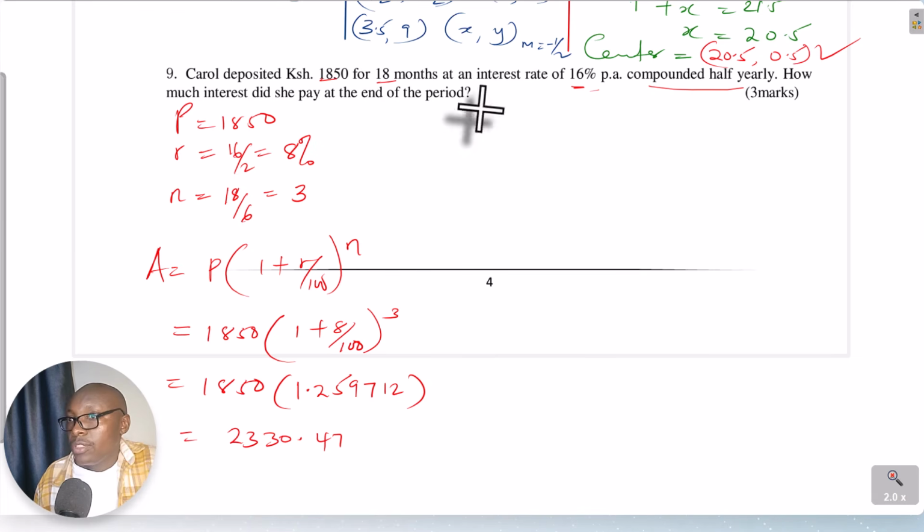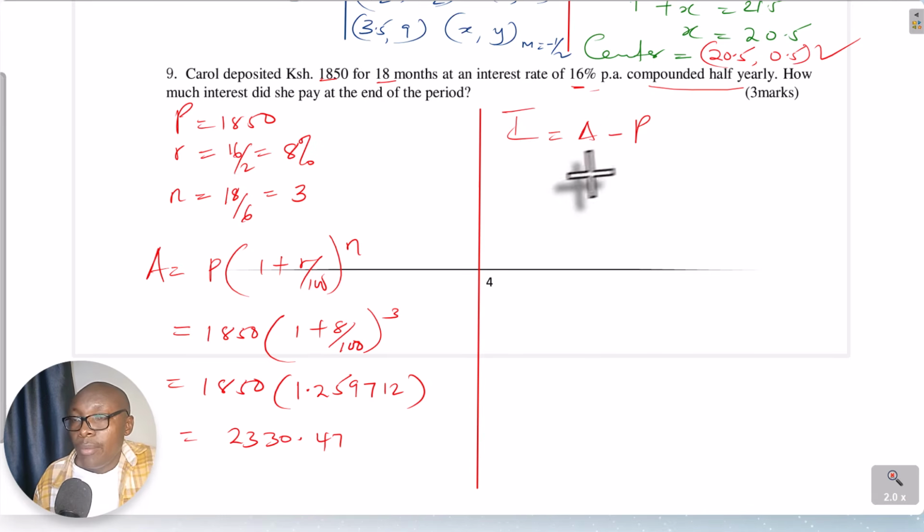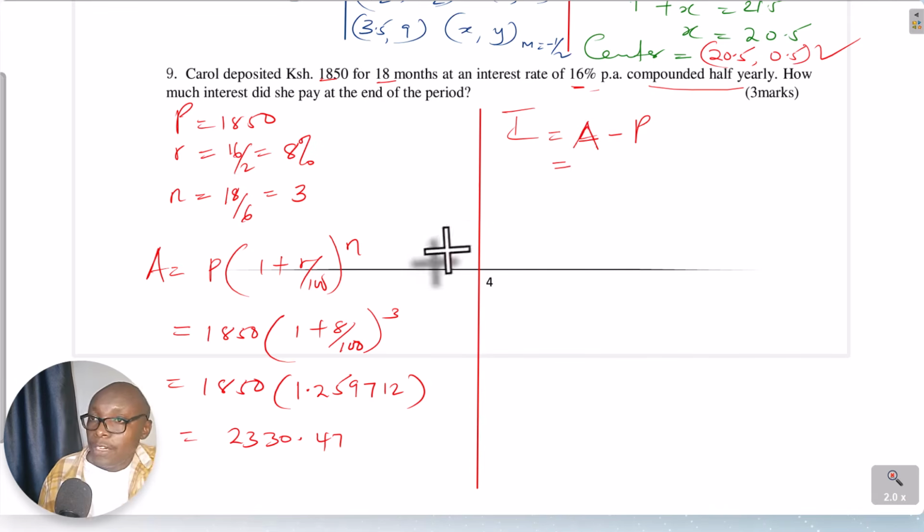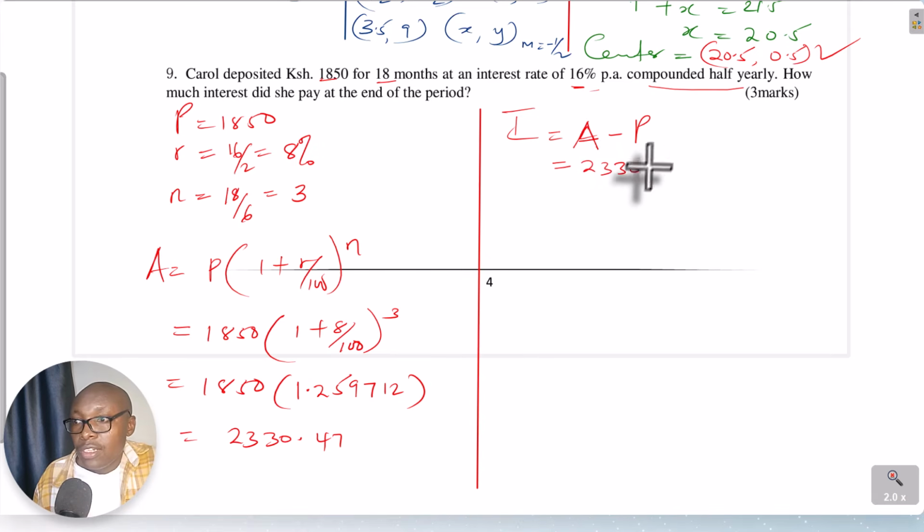You've not answered the question. The question is how much interest. So this is the amount that will be accumulated after that period. So to get the interest will be given by the amount minus the amount deposited. That is the principal, the initial amount. So the amount after the interest, which is 2330 and 47, then subtract the amount deposited, which is 1850.